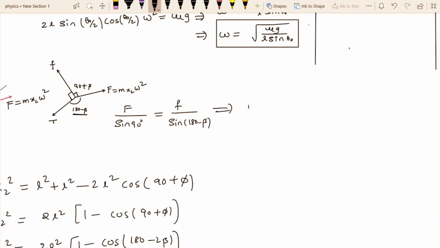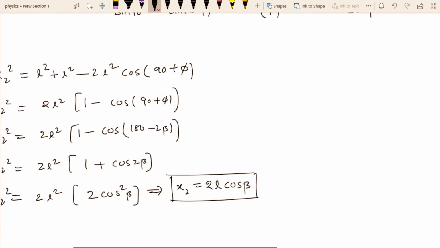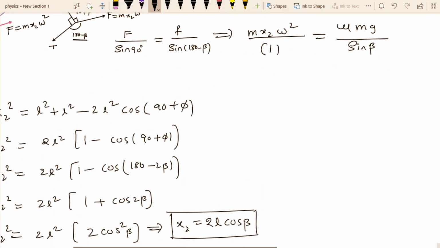We can write m x2 omega square divided by sine 90, which is 1, equals the frictional force, mu into N, so mu into mg, divided by sine of 180 minus beta, that is sine beta only.